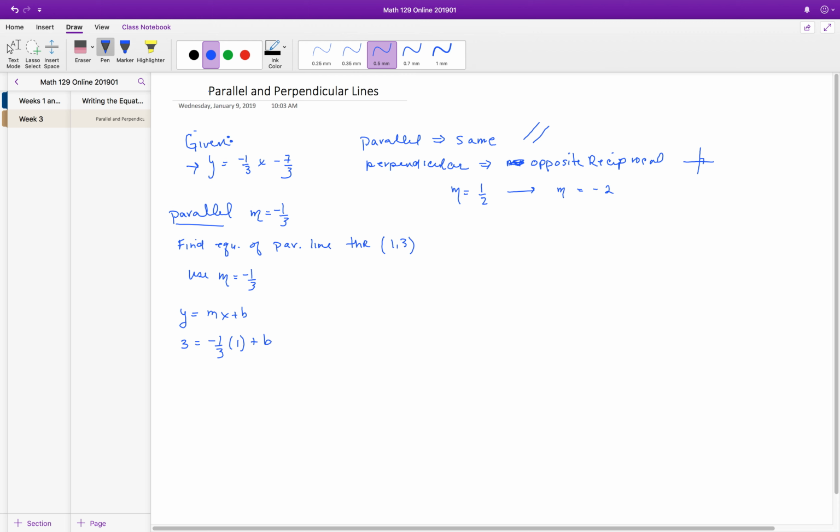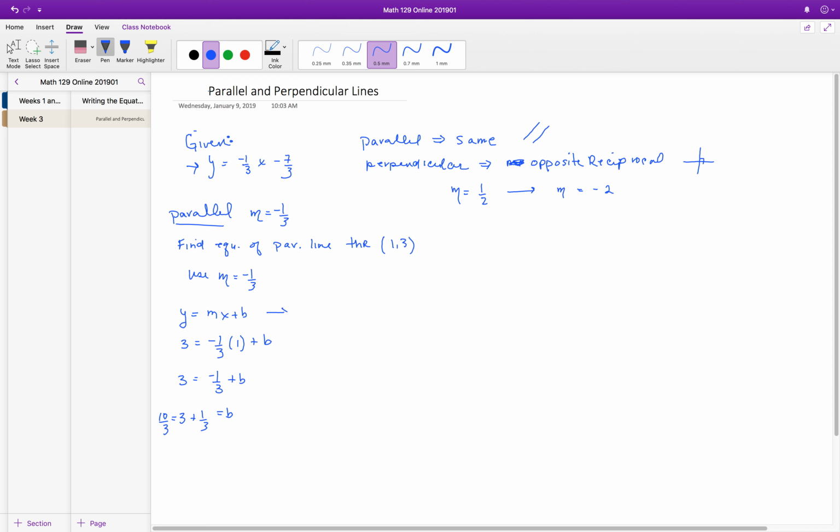This will help me find b, and then I'll have my equation. So 3 is equal to negative 1/3 plus b, and b is equal to 3 plus 1/3. Remember, 3 plus 1/3 is a mixed number, 3 1/3. The easiest way to do the arithmetic there is just to multiply. 3 times 3 is 9, plus 1 is 10, so 10/3 for b.